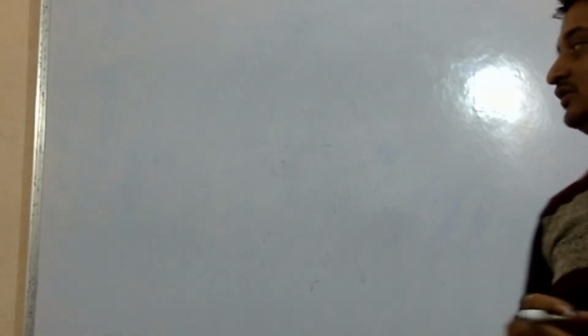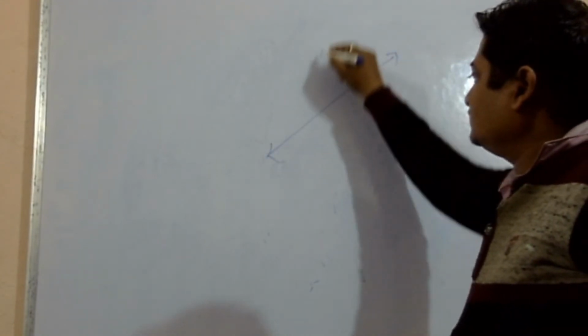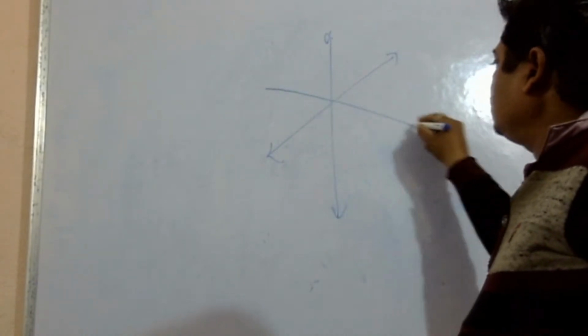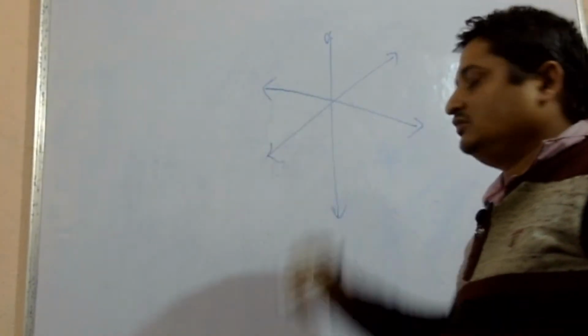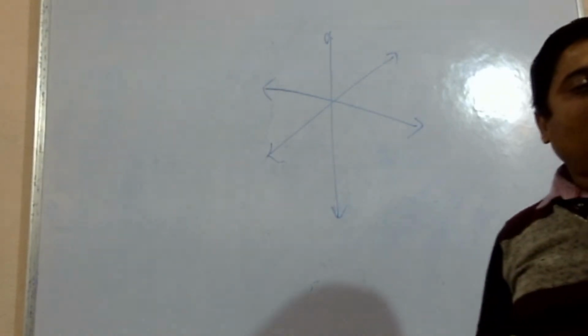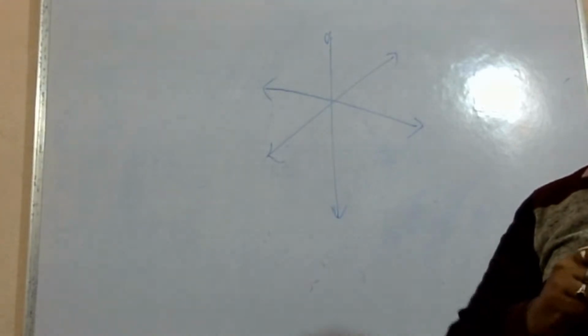Concurrent: when two or more lines passing through a single point, then all the lines are called concurrent.